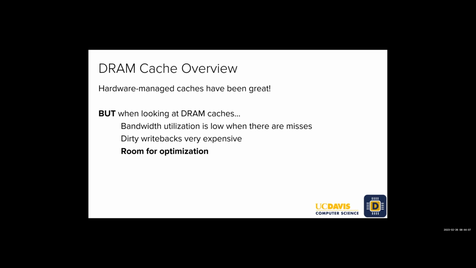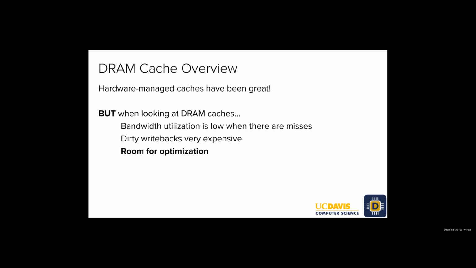The ISPASS paper has a lot more details on this. I'm not going to go into that. If you're interested, I'm happy to bring up that full talk, and we can talk about it offline. But to give a quick high-level overview of our takeaways there: while hardware managed caches have been great for us in the past, looking forward with DRAM caches, the bandwidth utilization is really low whenever you have misses to the DRAM.